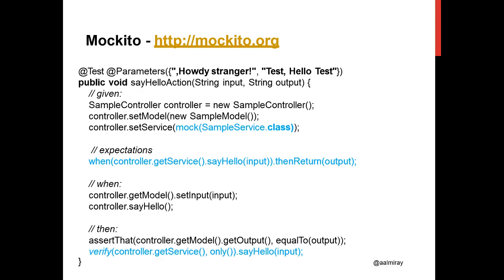Then we execute the stimuli, we execute the controller, we verify that it did the right thing, but also verify that the mock was invoked once and that it was invoked with a given input. If the mock service was invoked more than once or no times at all, there will be a failure. If say hello was not invoked or was invoked with a different argument, that also will result in a failure.